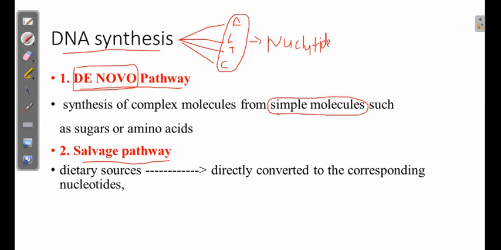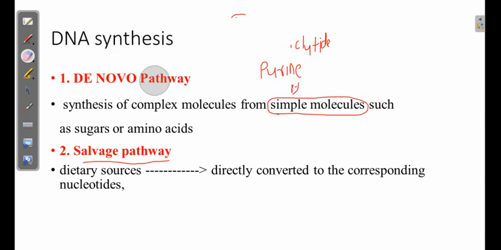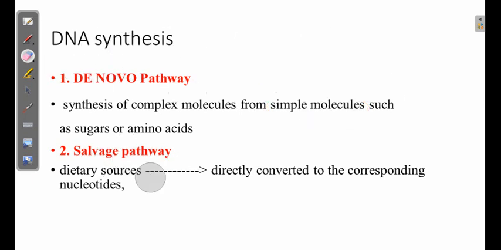In DNA, if we categorize the nitrogen bases, there are two types: purine and pyrimidine. So let us see how these four nitrogen bases are synthesized by the de novo pathway, where the starting material is a simple molecule and the end product is the purine or pyrimidine base.